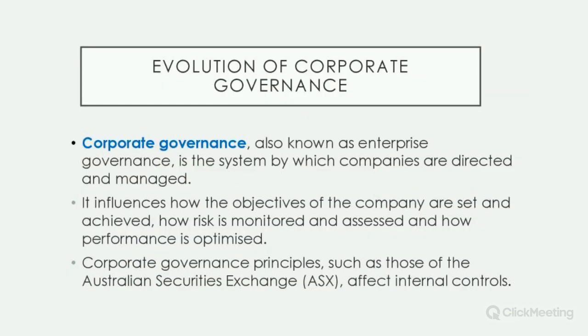So let's start with evolution of corporate governance. What is corporate governance? When you are operating a business, whether it's a small business, a big business, a public listed entity, whatever type of business you're operating, it is expected that you have some good controls in place that will avoid any fraudulent transaction from taking place.